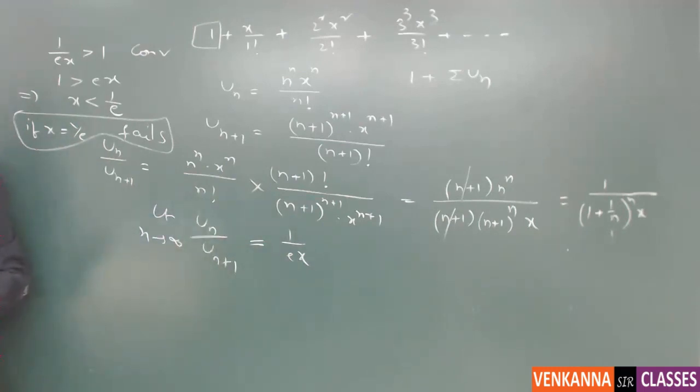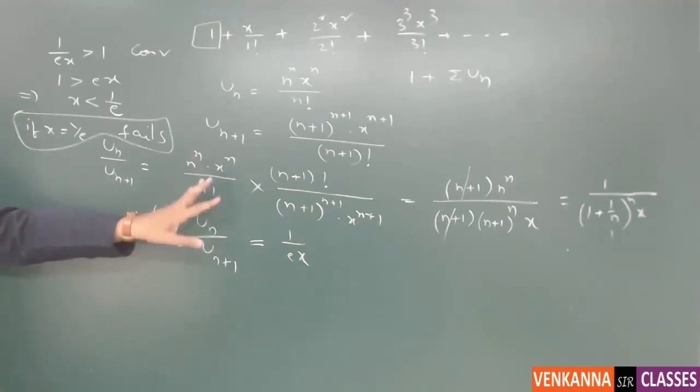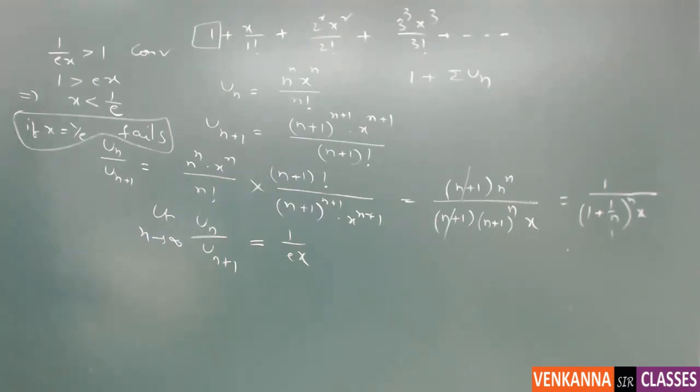Fine. So the technique of applying the logarithm test is, if you calculate the limit, and the limit value consists of the value e, then we are going to apply the logarithm test. Are you getting the idea? Right. Now let us substitute the values there.